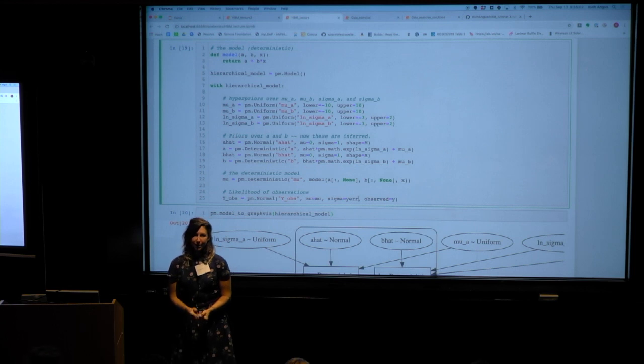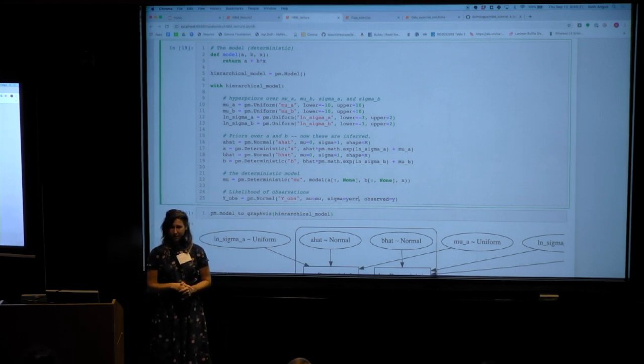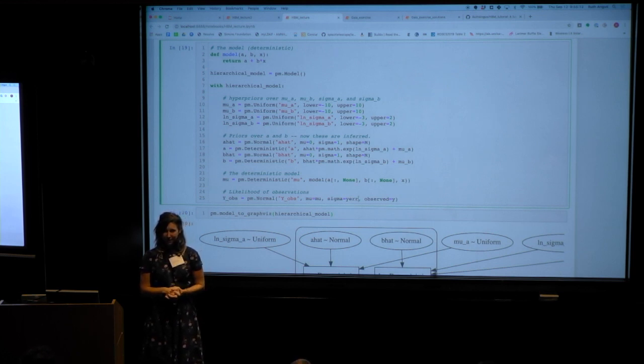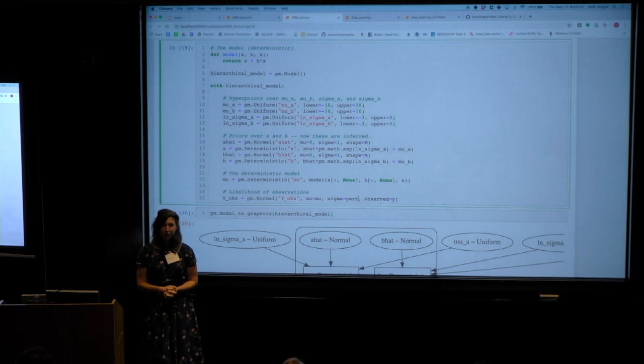How many free parameters are there in the hierarchical version? There's more than 4. So there's I think 29, because I have A and B free for each line, and there's 25 lines.